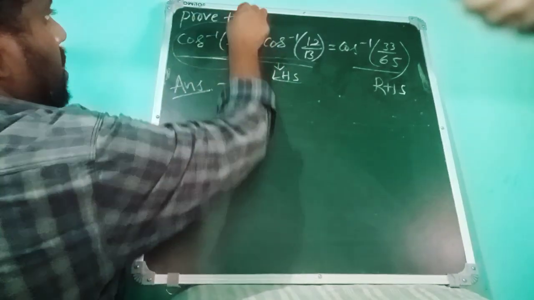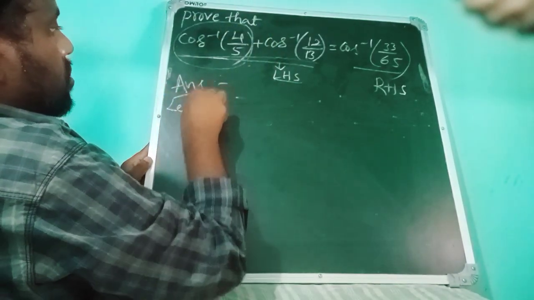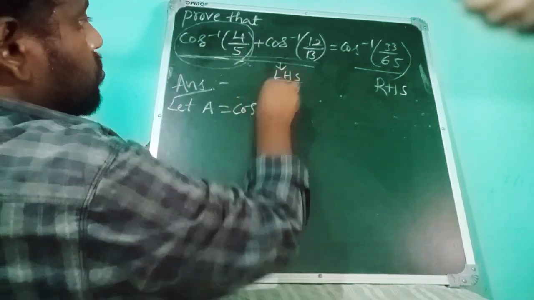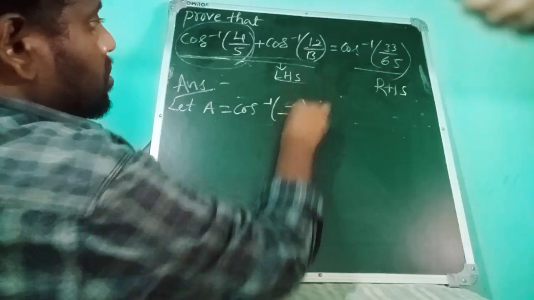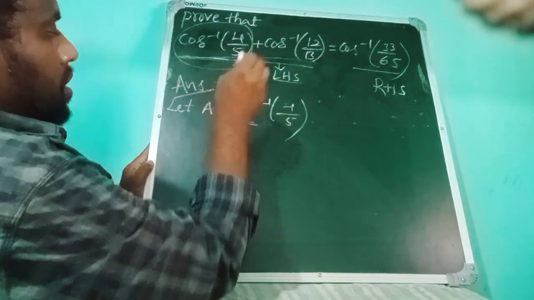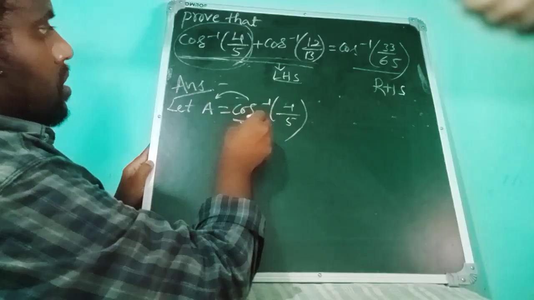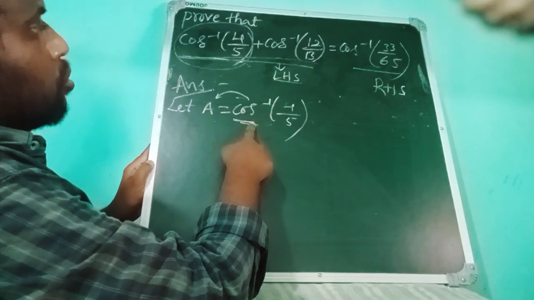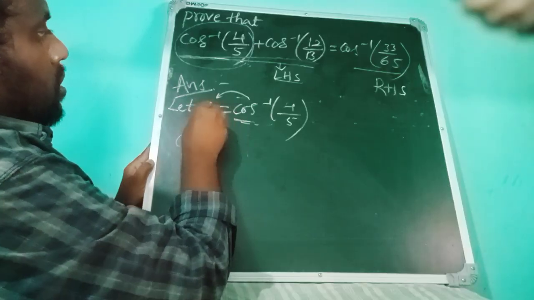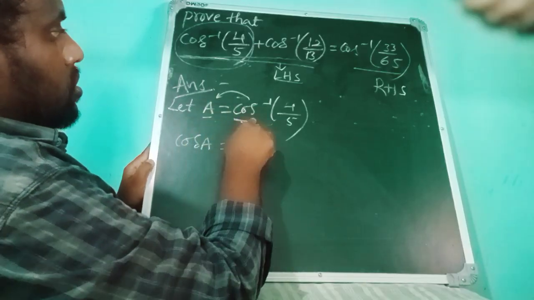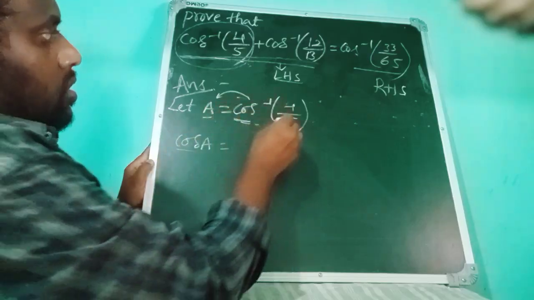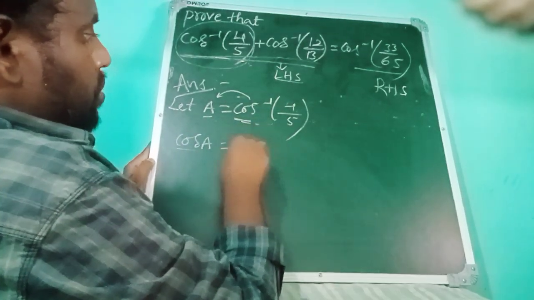Take this as A. So let A is equal to cos inverse of 4 by 5. Now shift this inverse to this side. When cos inverse is moved to this side, it becomes cos, so cos A is equal to 4 by 5.